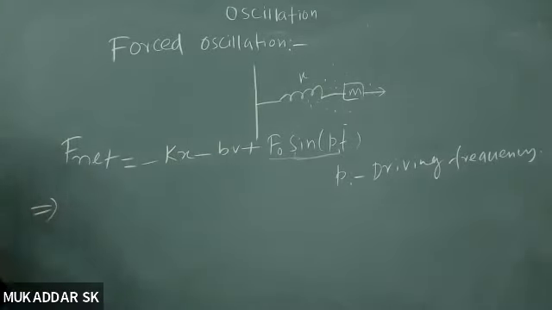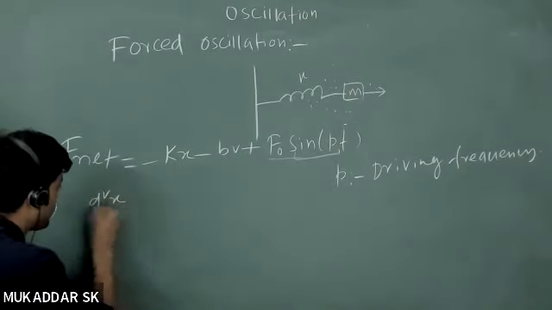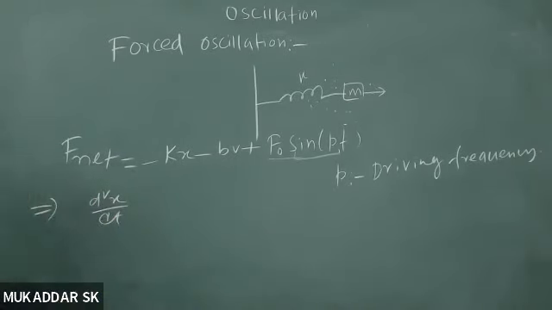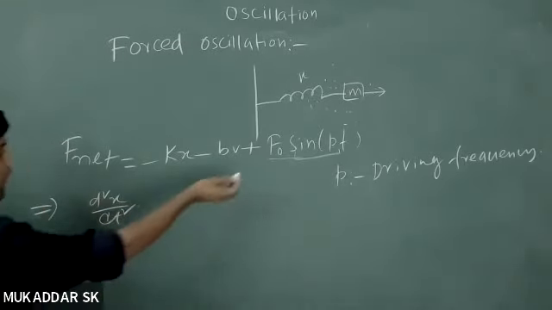Okay, so if you simplify this equation, if you bring this term this side, I can write d square x by dt square. So in place of F net, what I can write, ma, right? And ma is nothing but m into d square x by dt square, and whatever m is there, I'll divide both sides.